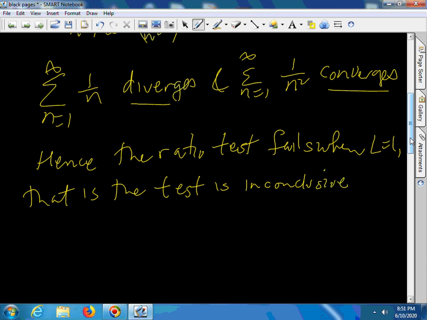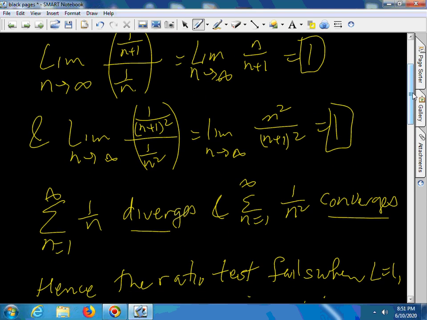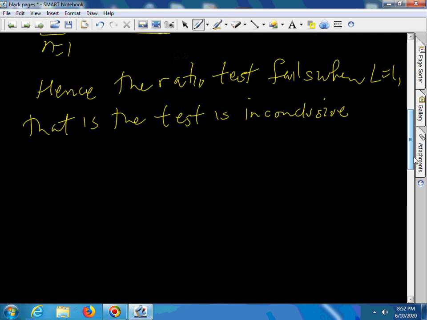You didn't learn any information other than the fact that the limit of the ratio was 1. You didn't determine whether or not the series converges or diverges. This completes the proof for the ratio test.